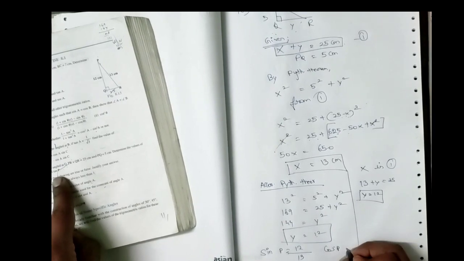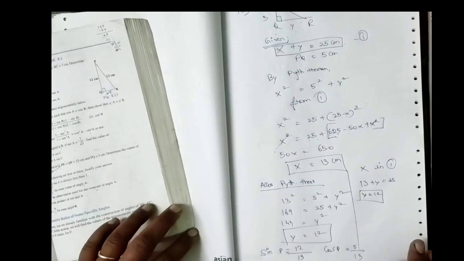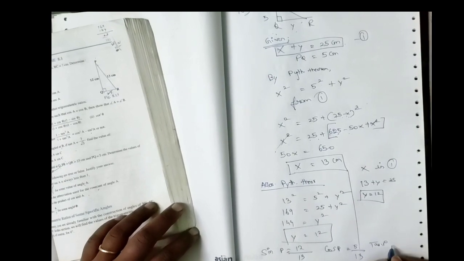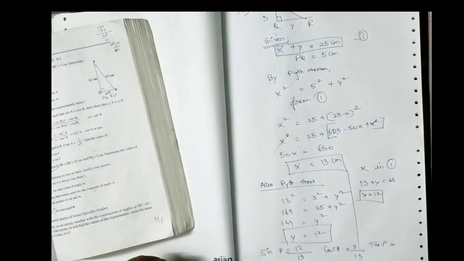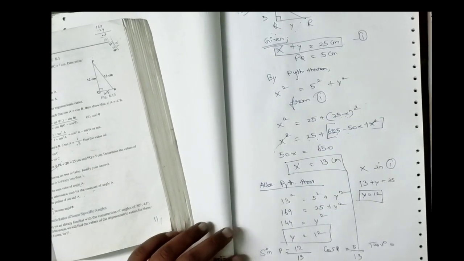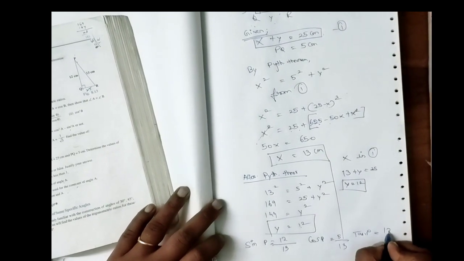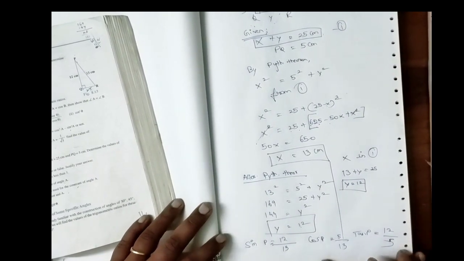Cos p will be adjacent by hypotenuse, so it is going to be 5 divided by 13. And now what is going to be tan p? It will be opposite divided by adjacent. So it is 12 by 5. That's all we have derived.